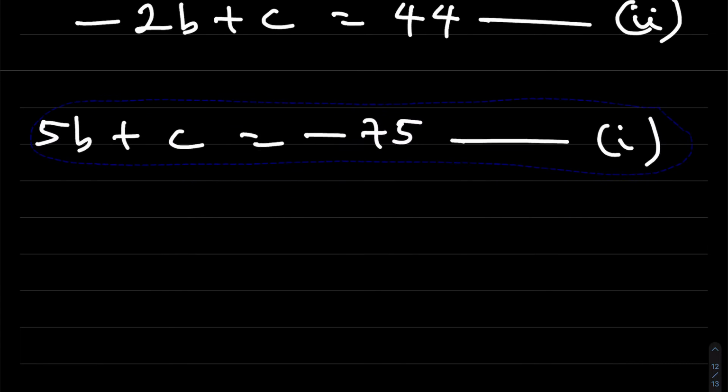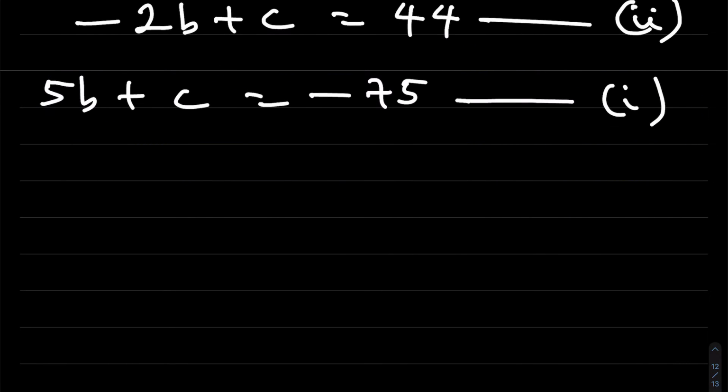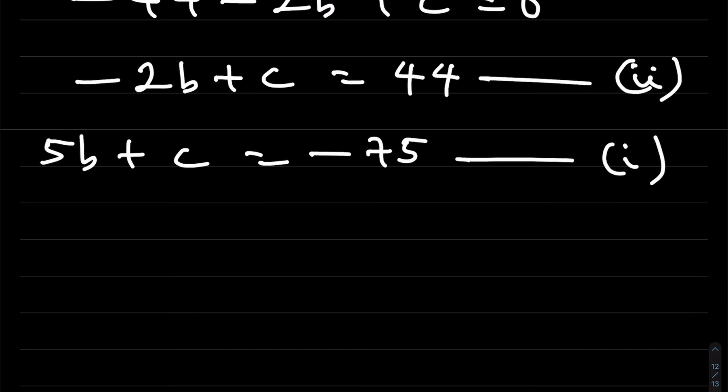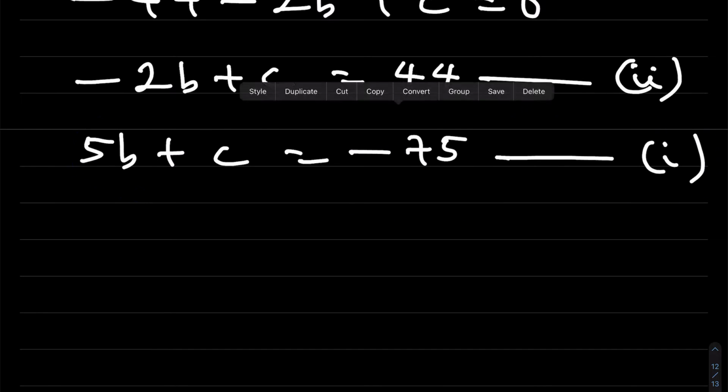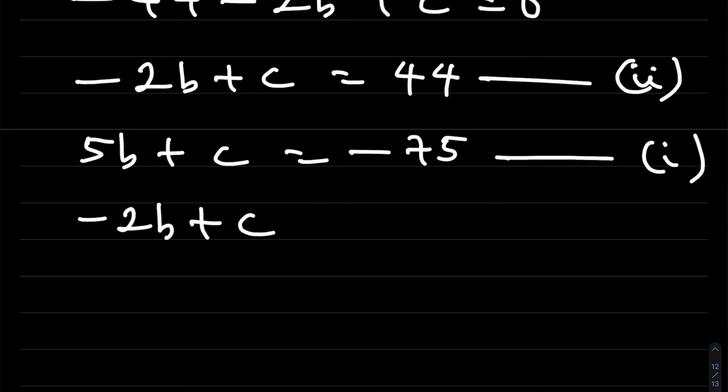That's our first equation. And the second equation is minus 2b plus c equals 44. Now how do we solve that?